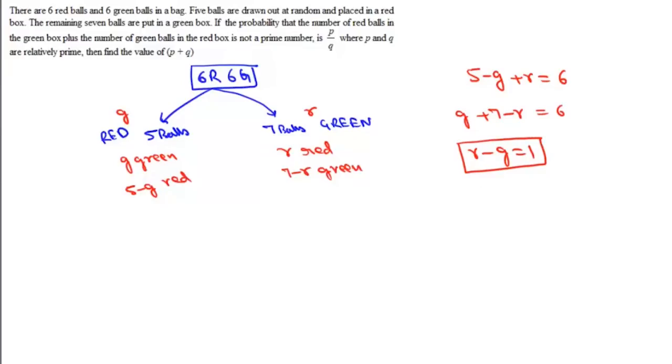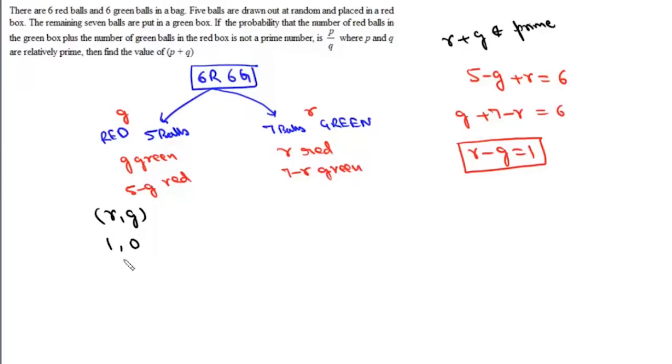Now it is also given that R plus G is not a prime number. Now we need to find possible values of R and G. Clearly G must be less than or equal to 5 and greater than or equal to 0, and R must be less than or equal to 7 and greater than 0. Now we look at various combinations of R and G. R could be 1 and G could be 0.